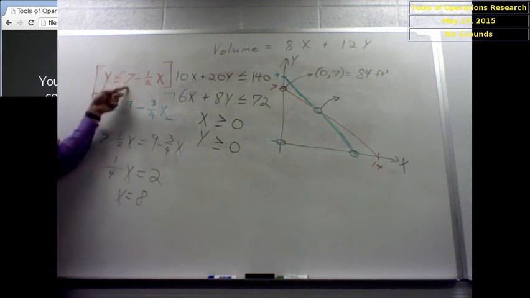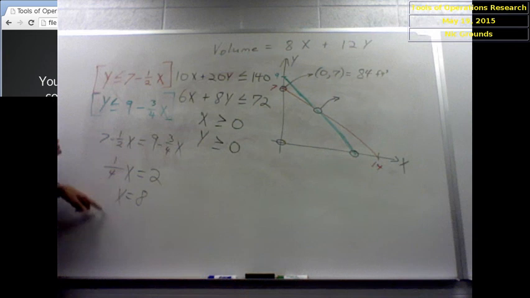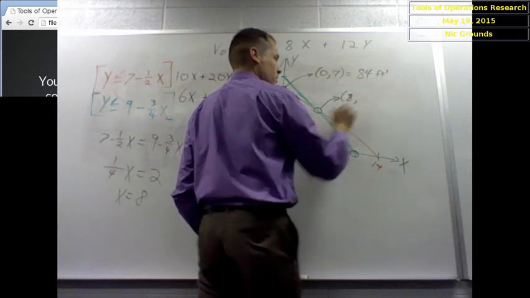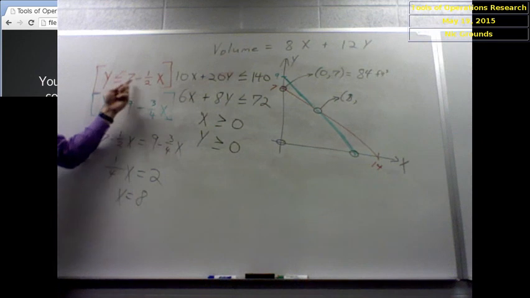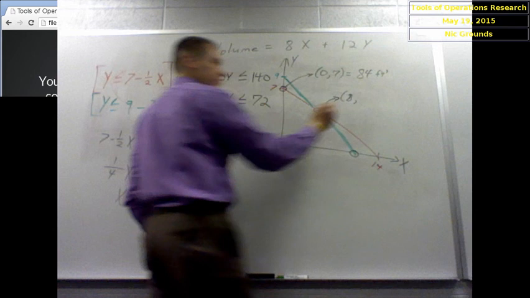So I took the green and red equations, a system of two equations, two unknowns. You could solve, input one for the other, solve for x. So x is 8. Okay. If x is 8, 7 minus half of 8 is 3. Right? So y is 3.